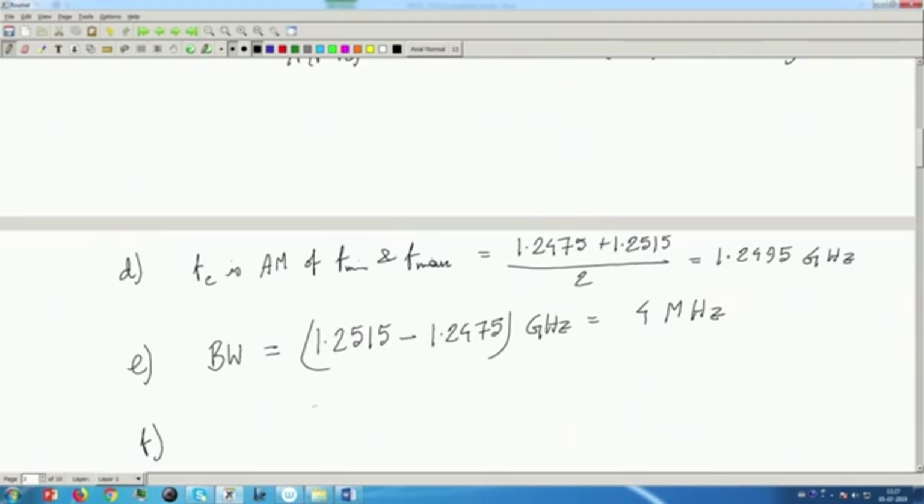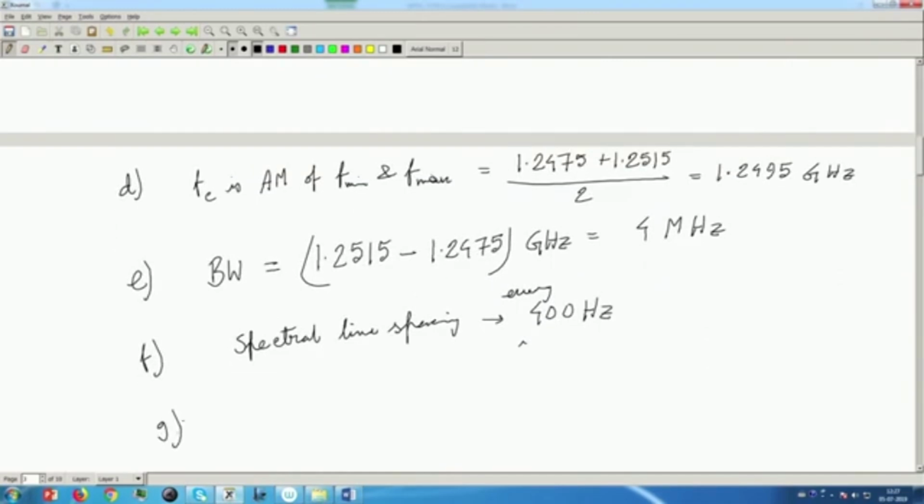And part F, the spectral line spacing in the new case. That will be the same as the PRF, because the PRF will make it so that every 400 hertz it will have its signature.